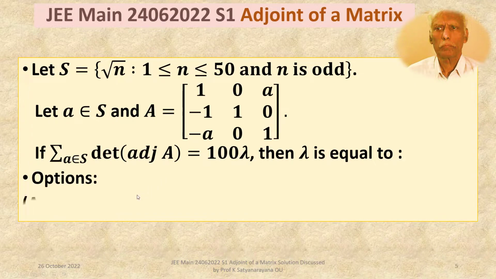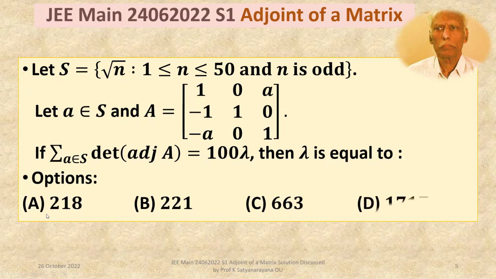we are given 4 options. Option A 218, option B 221, option C 663, option D 1717.